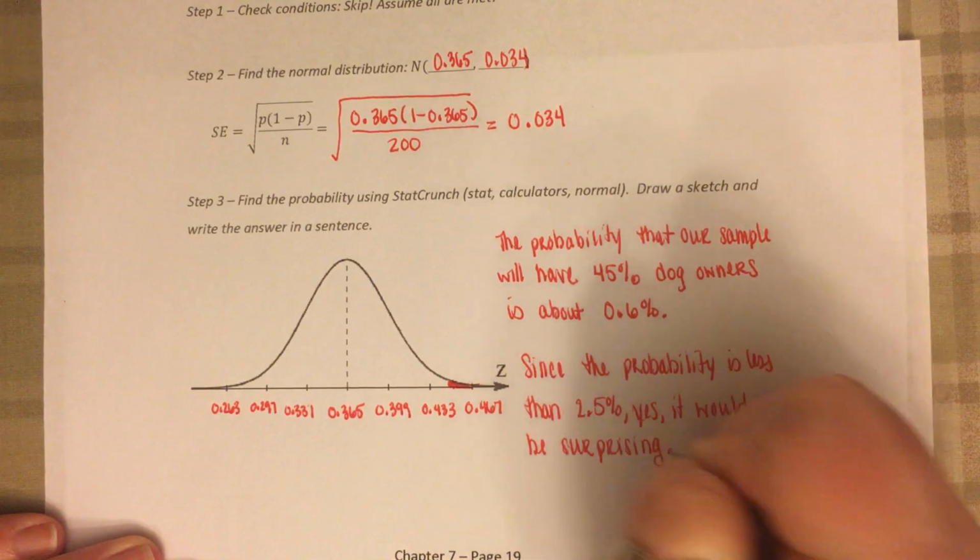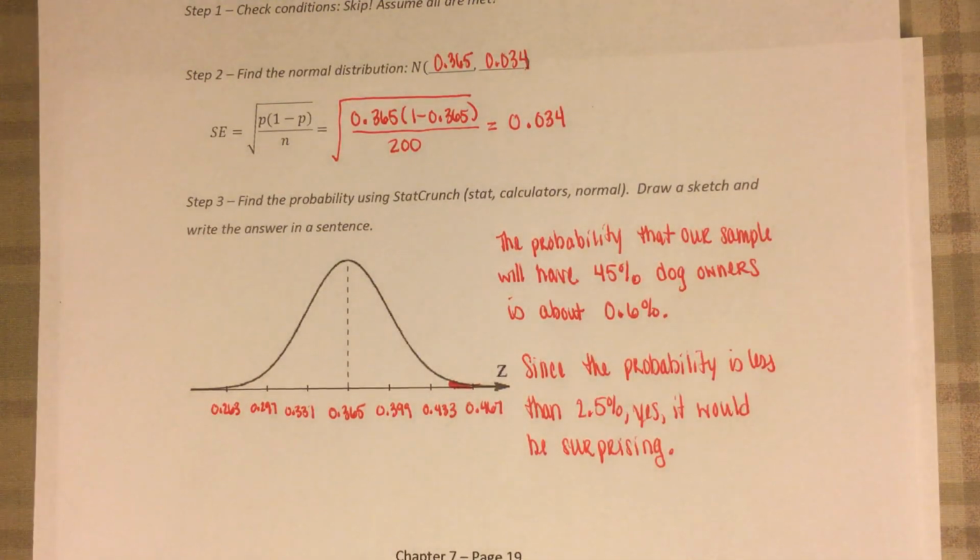So one way to answer this question, we go through, we use our central limit theorem, we figure out our probability that we're going to be more than 45%. It's a very small percentage, less than 2.5%, so it would be surprising. We do have a couple of other different ways of thinking about this or working through this.